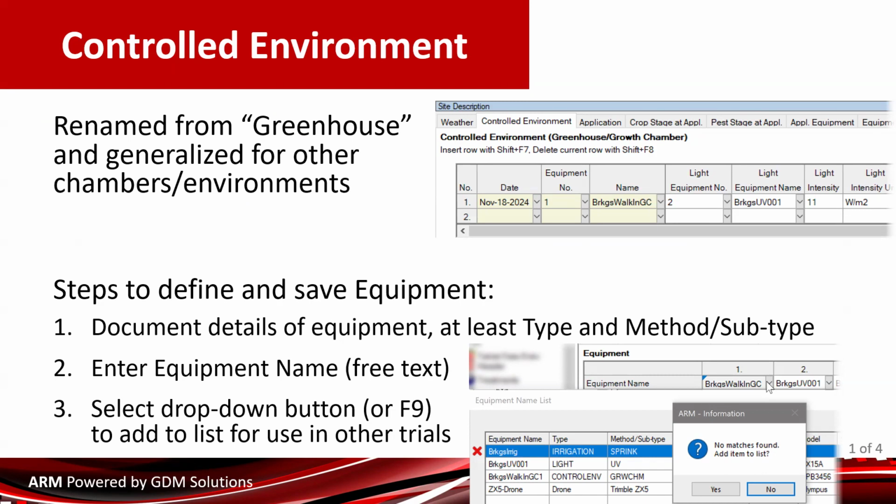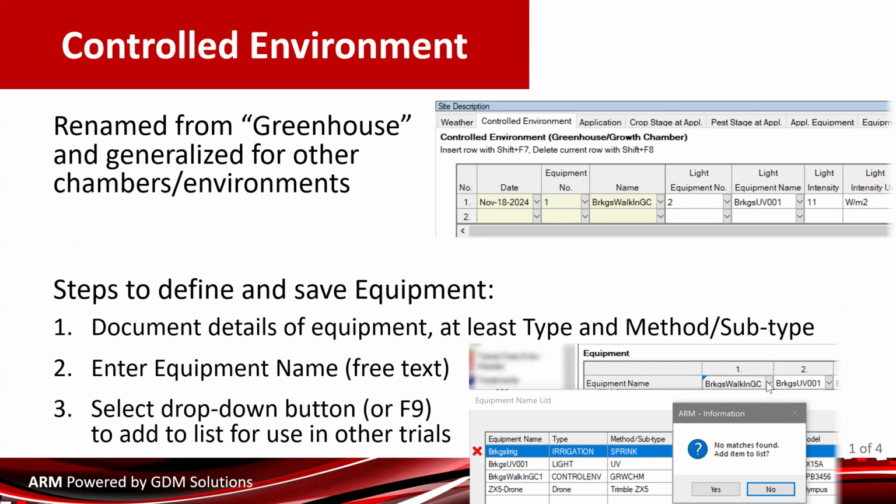So this section, to fill it in, you really work hand in hand with the tab called Equipment. So you would go to the Equipment tab first and define your growth chamber or your greenhouse, whatever the piece of equipment, if you think of that chamber as a piece of equipment, let's document that first in the equipment section.